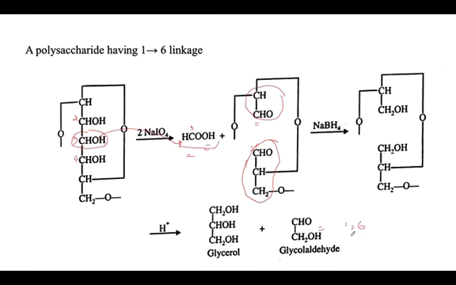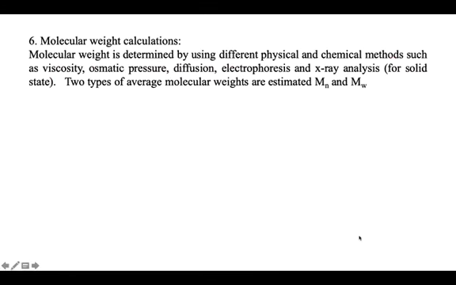In Smith degradation, we are degrading the molecule. From one molecule we get two components, and in case of 1,3 linkage we get the same component. Based on the two components obtained, we can give an idea of which linkage is present and which is absent.